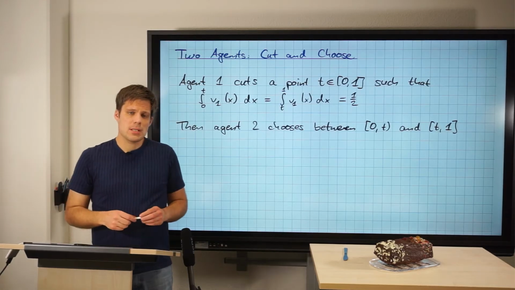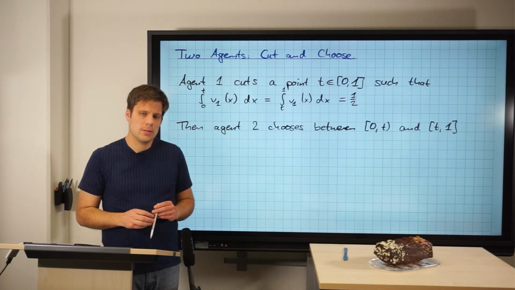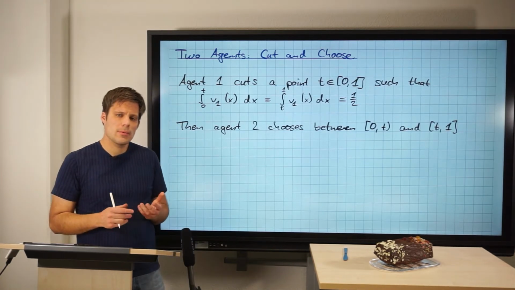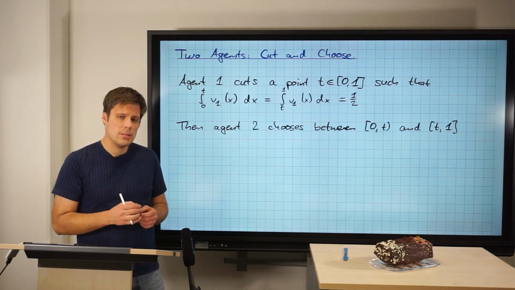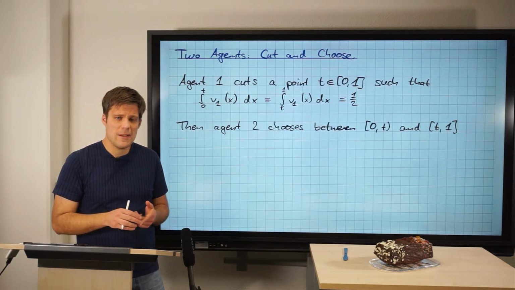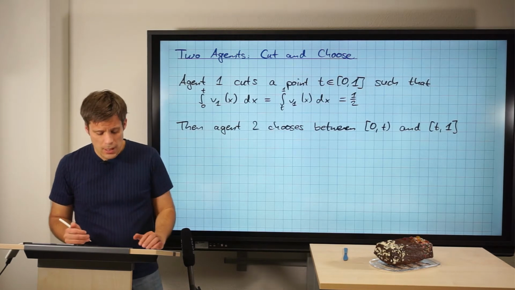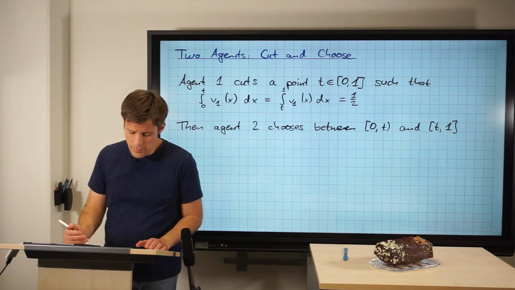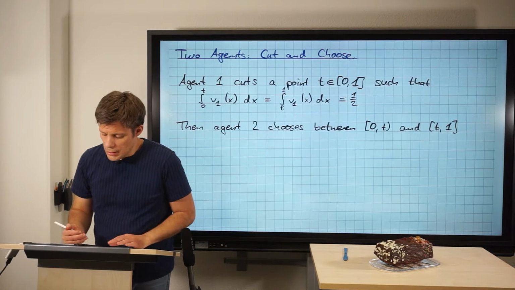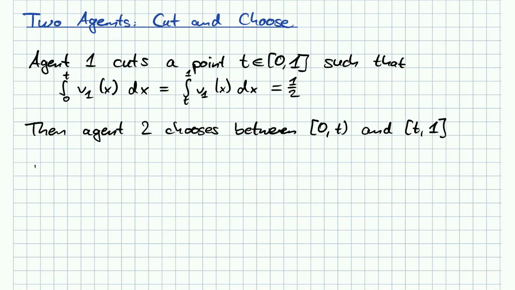Which of the properties does this allocation fulfill? Recall that we were asking about proportionality, that we were asking about envy-freeness and about equitability. Is this proportional? Let's see. This allocation is proportional.